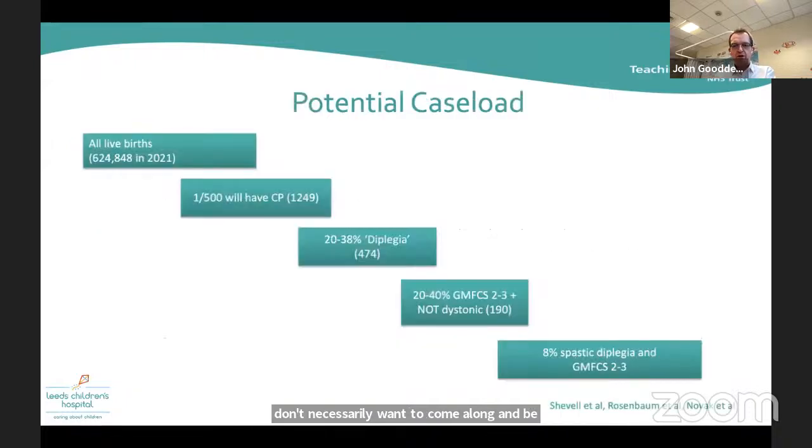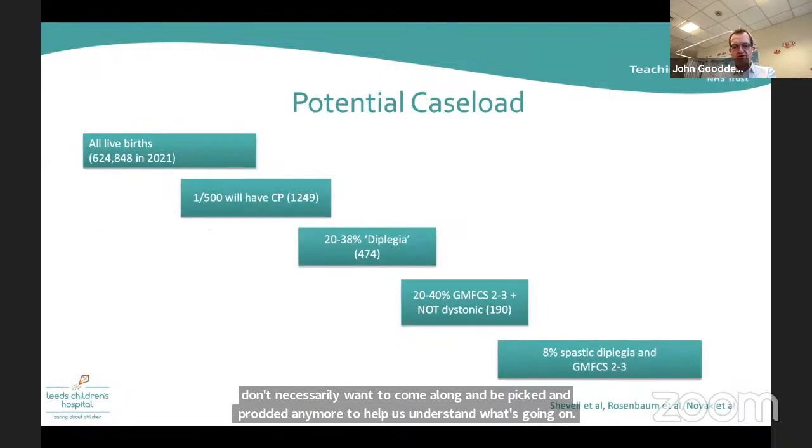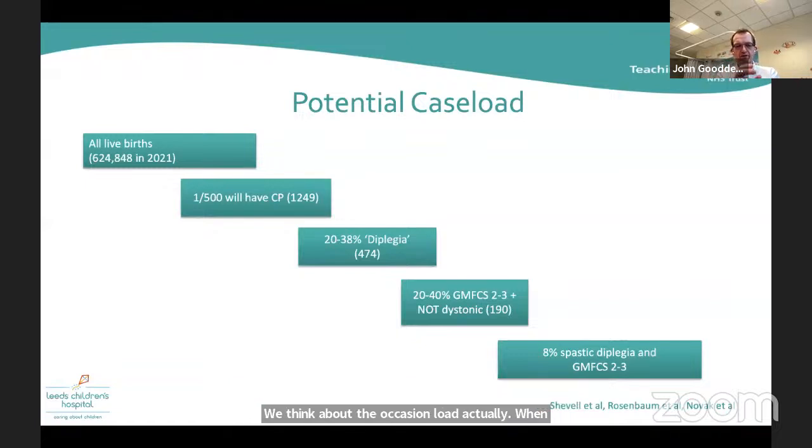If we think about the caseload, actually, when you start reducing the numbers, if we look at the UK figures of 630,000 live births in 2021, 1 in 500 have cerebral palsy. 20 to 38%, according to the literature, will have diplegia. That's quite a wide range. 20 to 40% are reported in the literature for the rates of GMFCS 2 to 3 without dystonia.